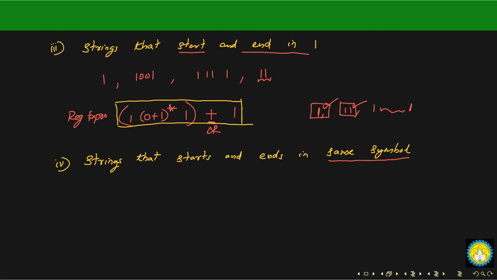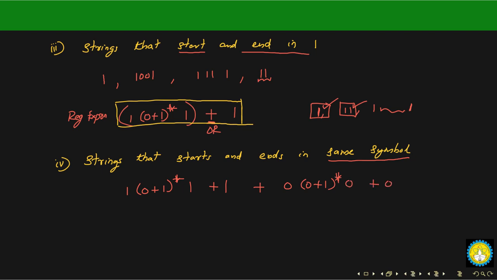I can represent it easily by saying 1 here. These are the strings which will start and end with 1. Plus, again, you can have 0 plus 1 star, 0.